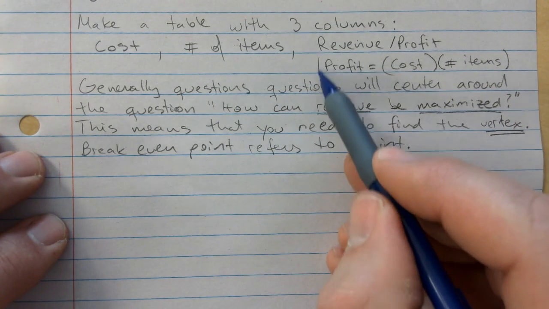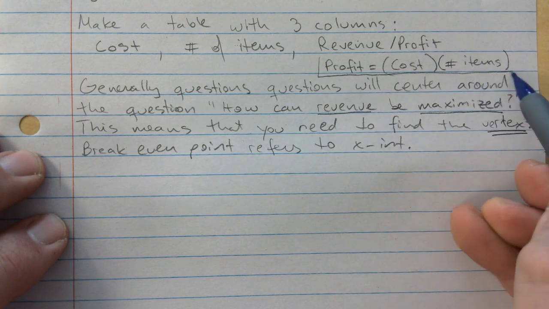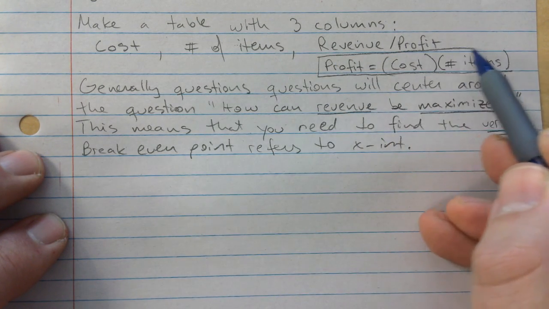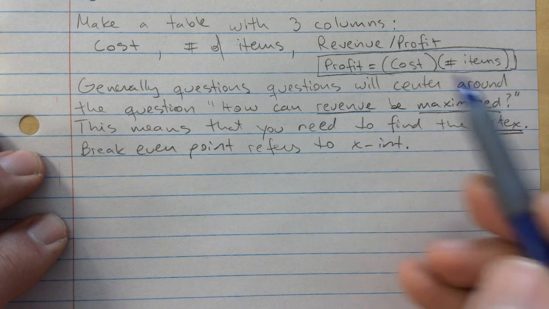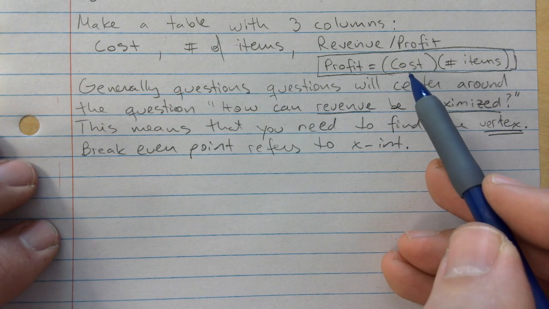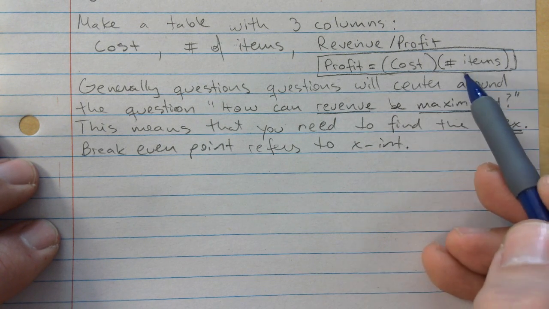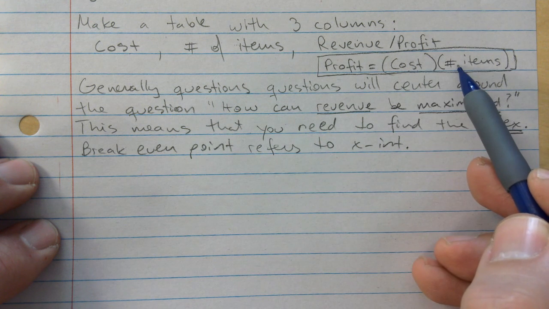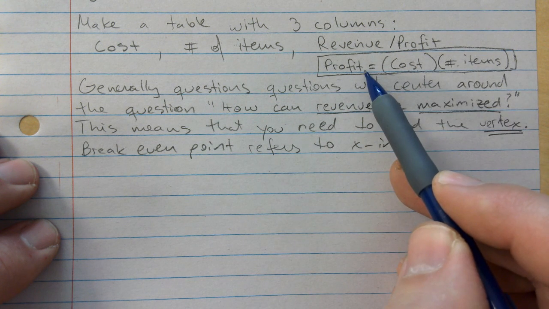Like this is basic, right? Like if you make cars and it costs you $1,000, you'd multiply that by the number of cars you produced to tell you how much profit you made, right?